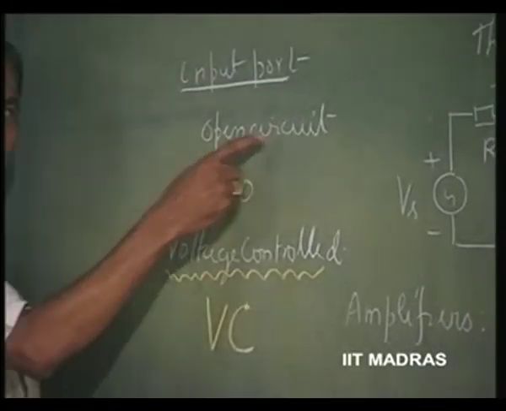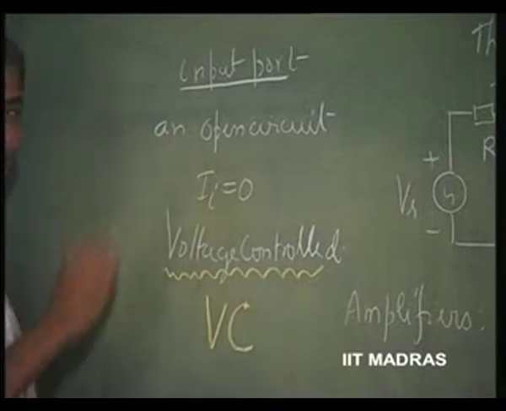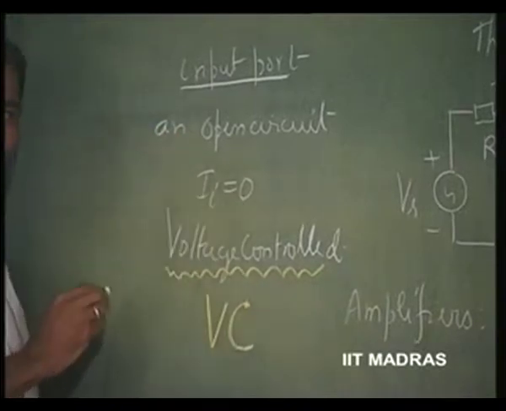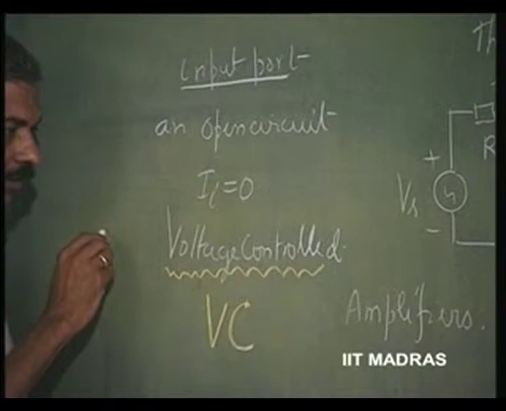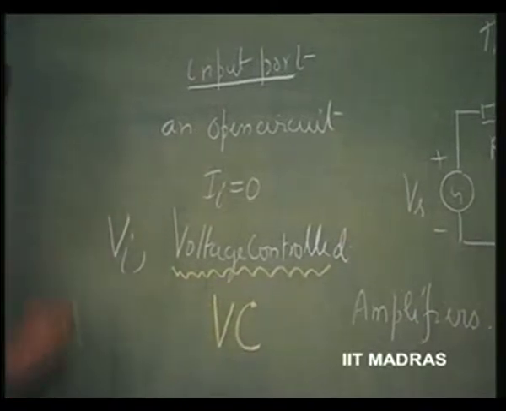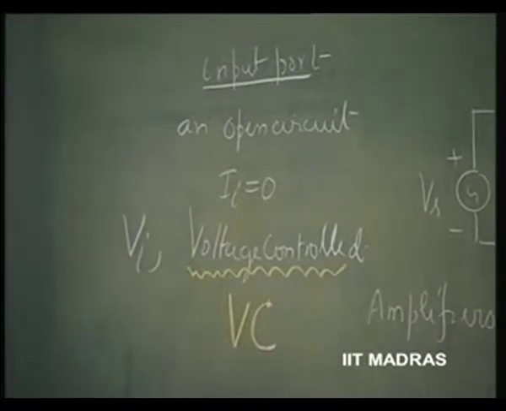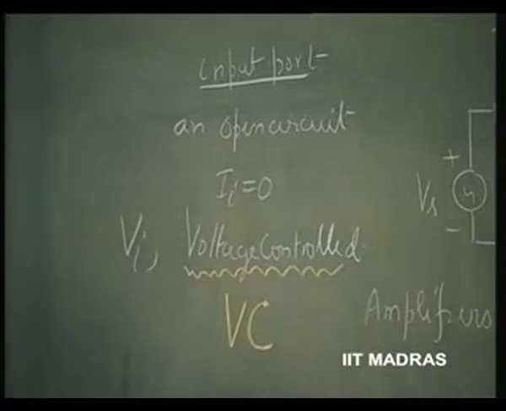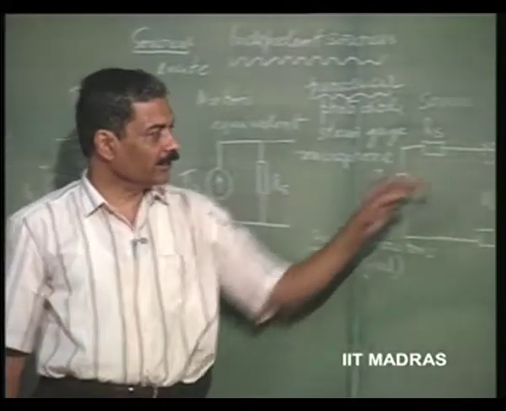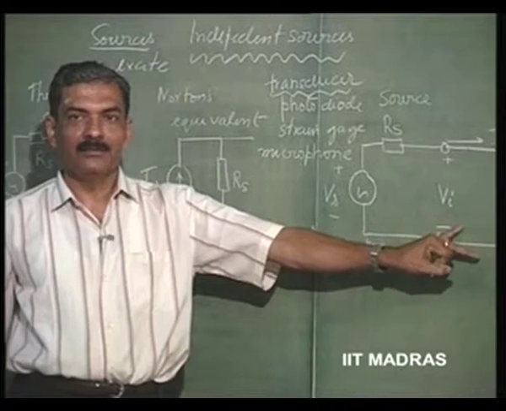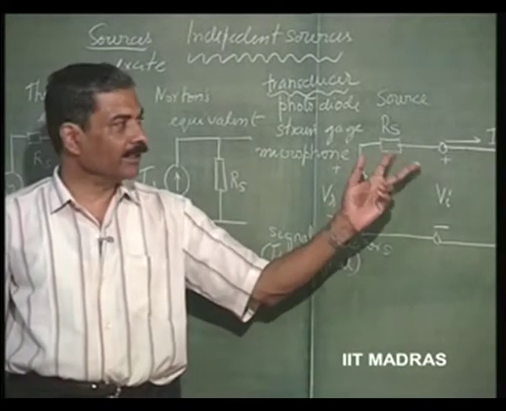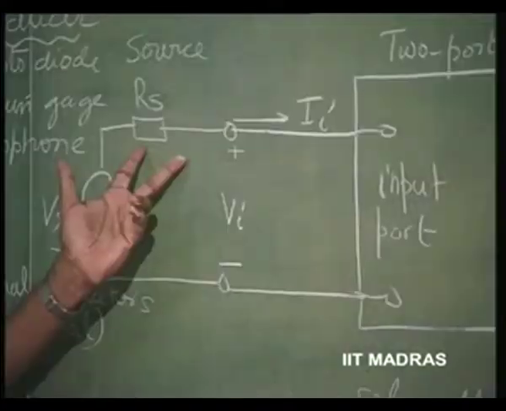So, if the input port is an open circuit, then I is 0. It is controlled by only Vi, and because I is 0, Vi is same as Vs. Nothing is lost in the source resistance.